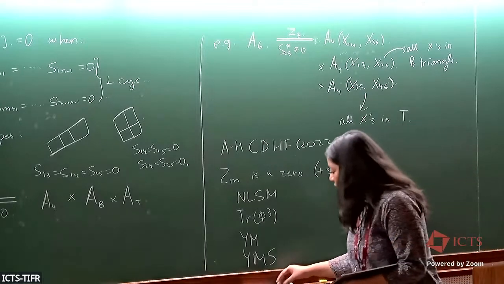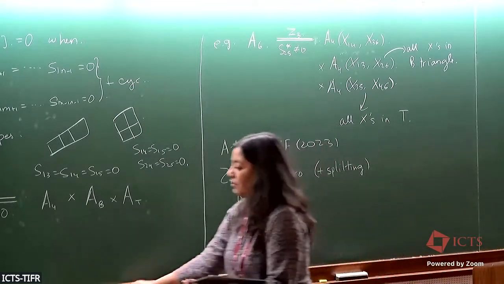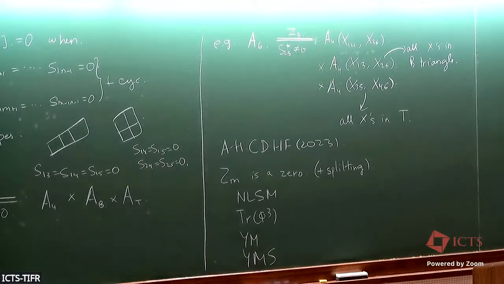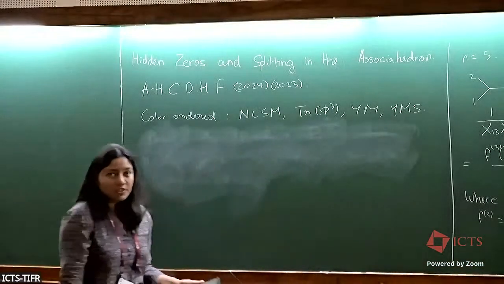Now, I only showed you the associahedron for trace phi cubed. I'm not going to go into it, but you can look at their paper. In their paper, they show you exactly how to do a deformation from trace phi cubed and reach these other theories. Okay. So, because of that deformation, you can show that the properties that trace phi cubed has, in short, these zeros and splitting, is inherited by these deformed versions of trace phi cubed.